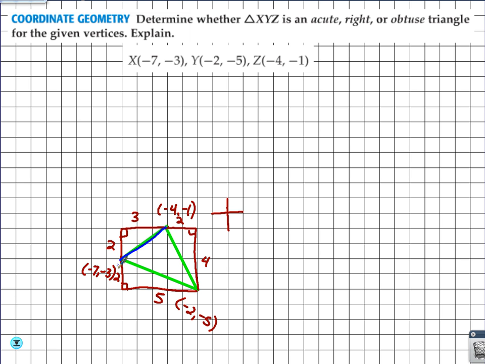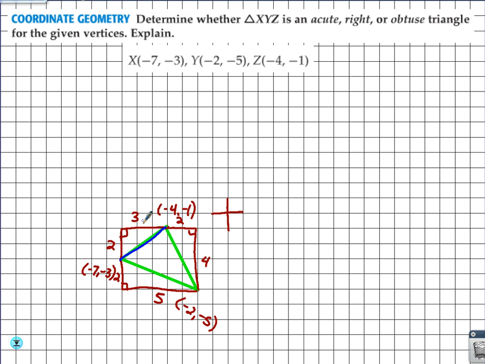Rachel, 2 and 3 is my a and b. Do a squared plus b squared for me, please. a is 2, so a squared is 4, and b squared is 9. a squared plus b squared, therefore, would be 4 plus 9, or 13. That's equal to c squared.